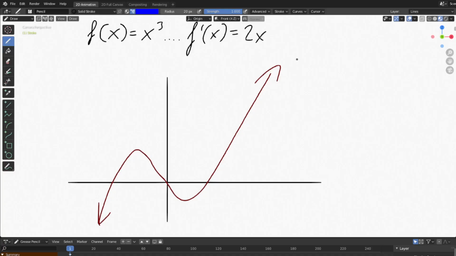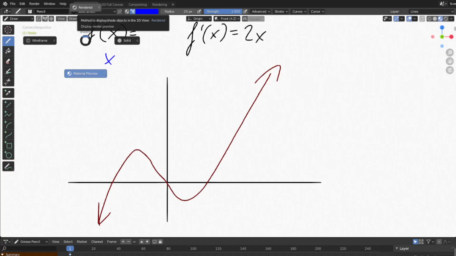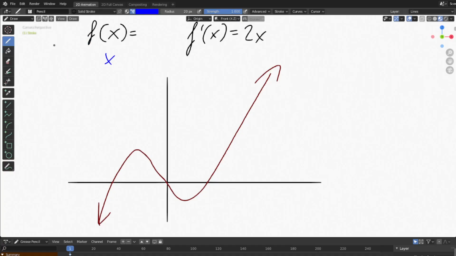I just played around with trinomials in Desmos, and let's say this function is x cubed minus 4x, a pretty normal trinomial function.